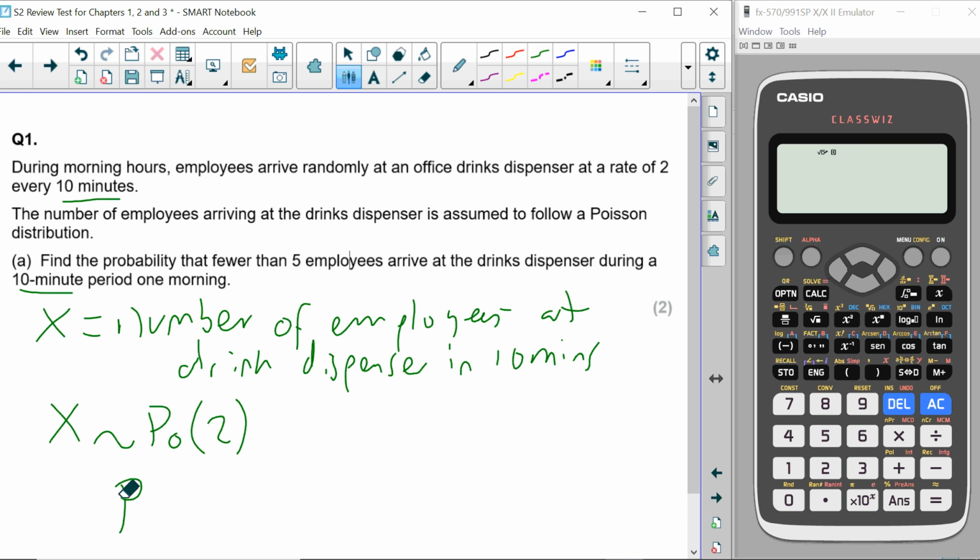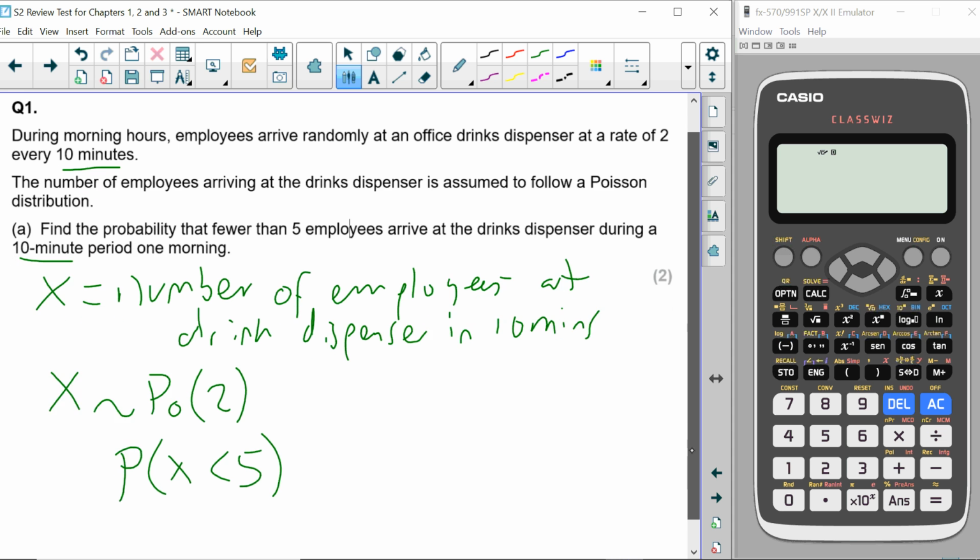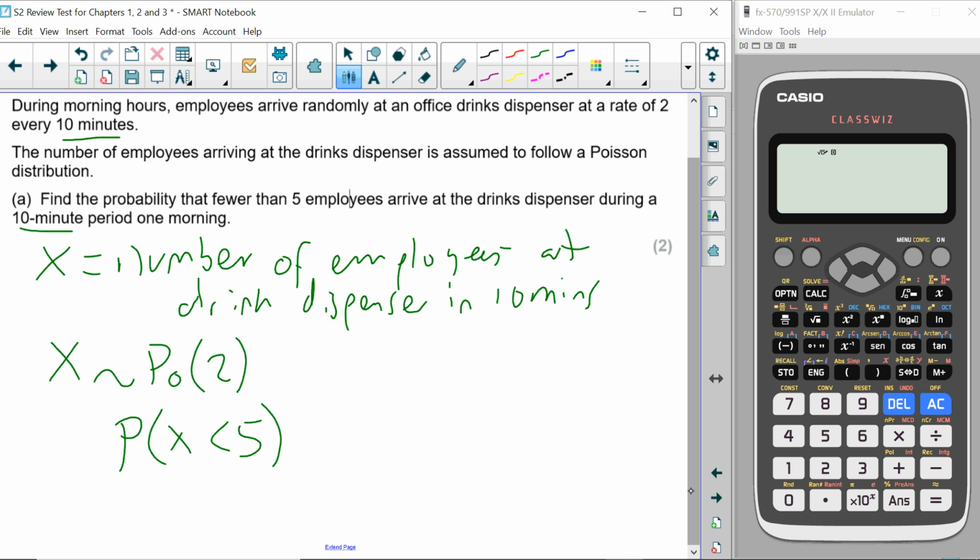So we're looking at the probability that x is less than 5. But remember that with these discrete distributions, we don't leave it as a less than or a greater than. We change it so that it's got an or equal to, because remember that our calculators can only deal with the less than or equal to cases for binomial or Poisson. So we change this to be x is less than or equal to 4.